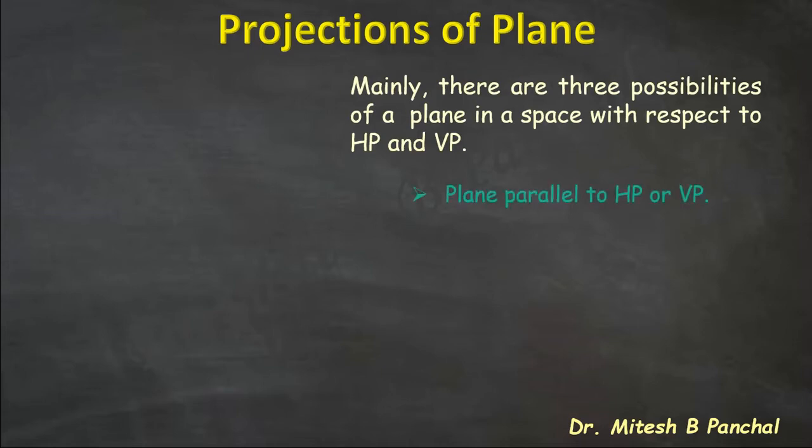The first possible position is plane parallel to one of the basic principal planes, means plane parallel to HP or parallel to VP. First we will consider a plane parallel to VP.